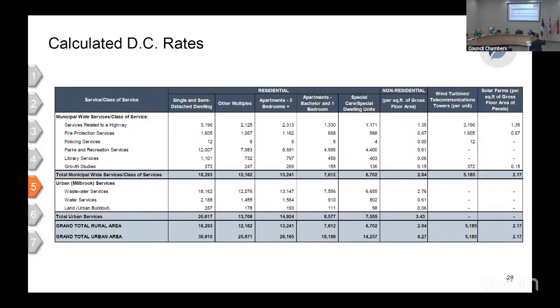On the non-residential side, we have the charges on a per square foot basis. And then we also have charges for wind turbines, which you'll see are the same charges as a single detached, but just for certain services. So roads, fire, policing, and growth studies. And then similarly for solar farms, but it's charged on a per square foot of the gross area of the panels.